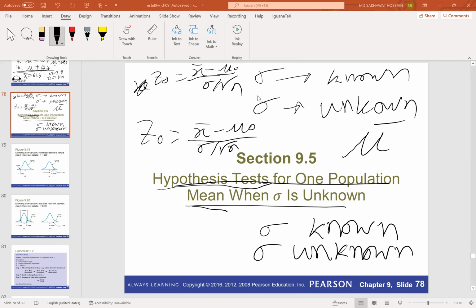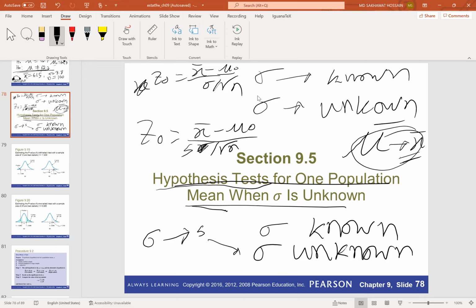So when we do not know the value of mu, we use x bar, the sample mean, which is called a point estimate. We also did interval estimate for mu. For sigma we didn't do any interval estimate, but we have a point estimate. So when sigma is unknown, we use the sample standard deviation S. Then in this case, you have to use S over square root of n.